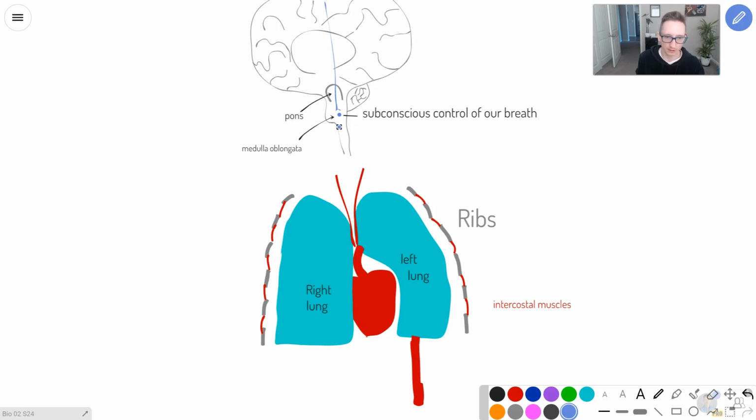basically it innervates several different parts. It sends neurons down to our rib muscles here, like so. And it sends neurons down, I didn't draw this in yet, down here to our diaphragm. So we also have this muscle down here, right underneath the lungs, like so.